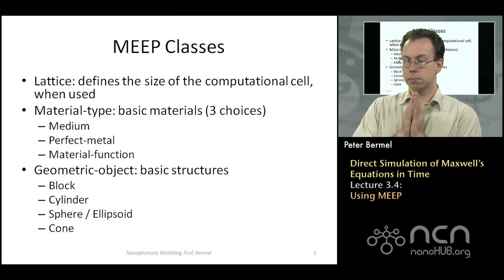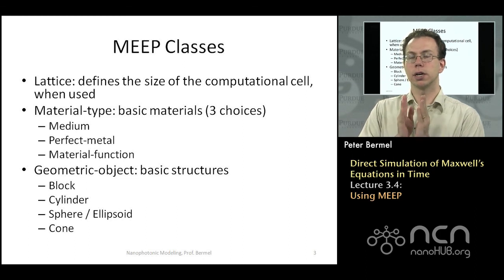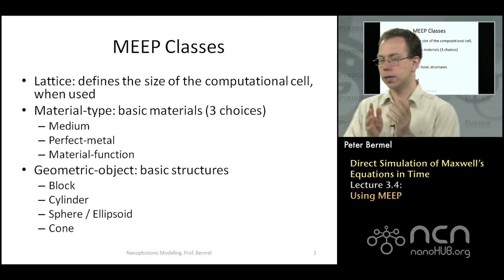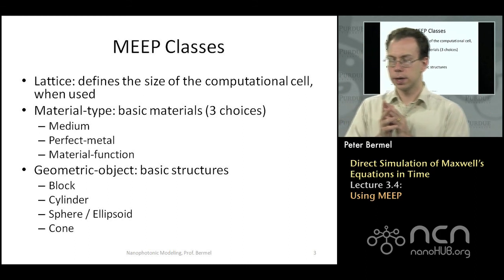Now, as you can imagine, another thing that's very important are all the geometric objects, which are essentially the building blocks of any kind of real geometric structure composed of different dielectric materials.